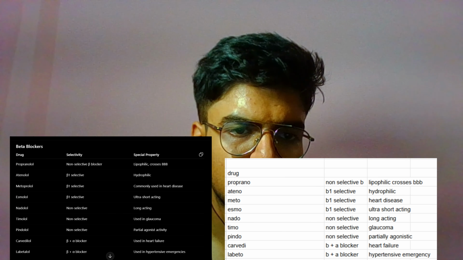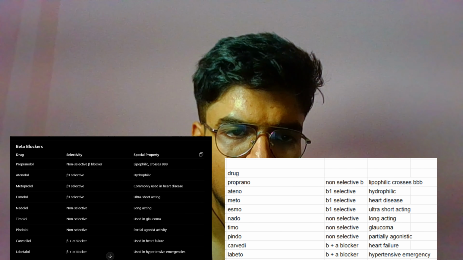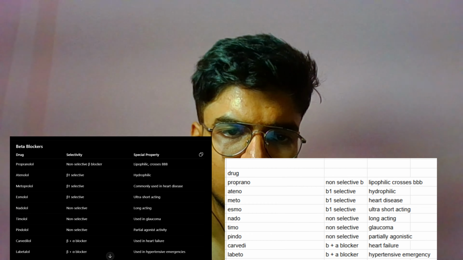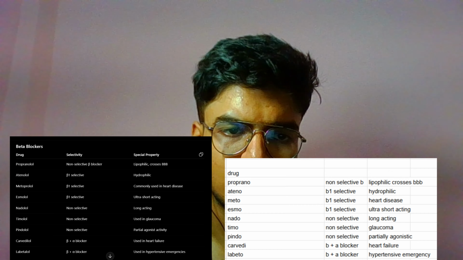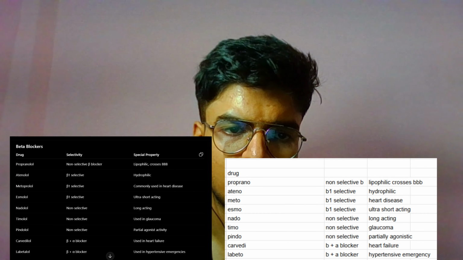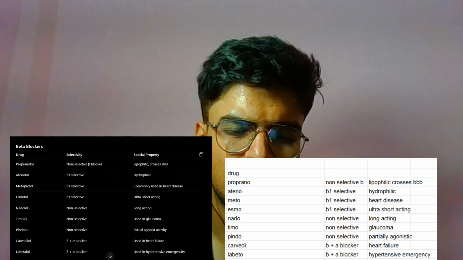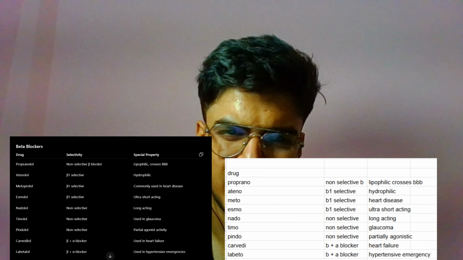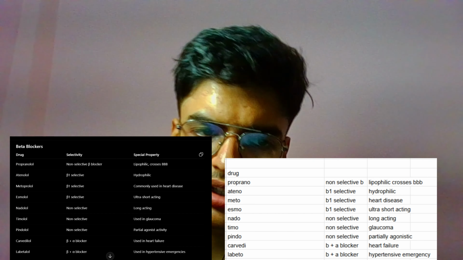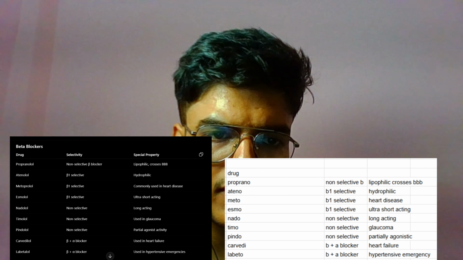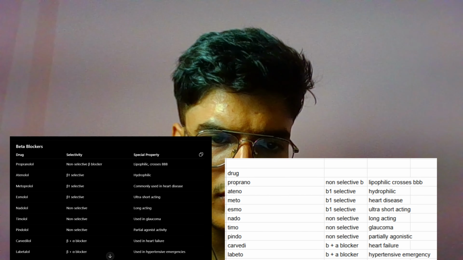I think these two are beta 1 selective. No, that was non-selective beta blocker, I think so. Non-selective beta blocker, B1 selective, B1 selective, B1 selective. Non-selective. Beta plus alpha blocker, alpha plus beta blocker.